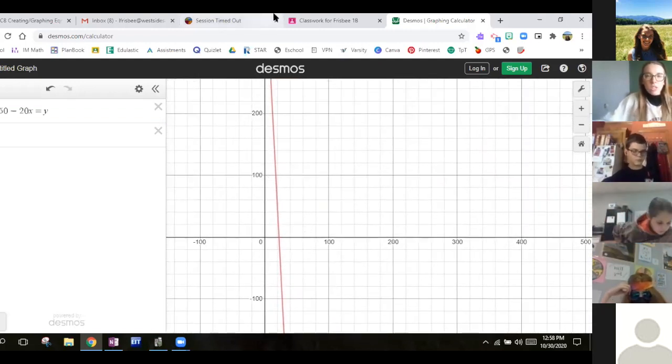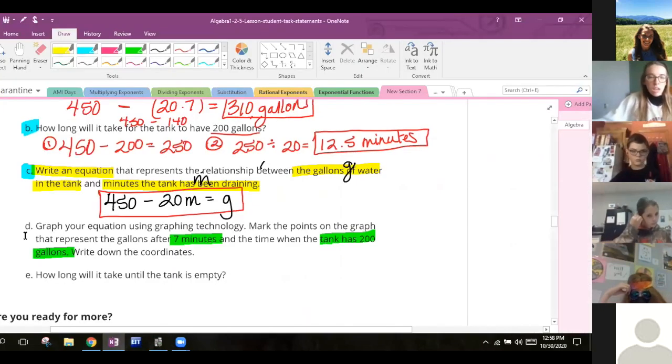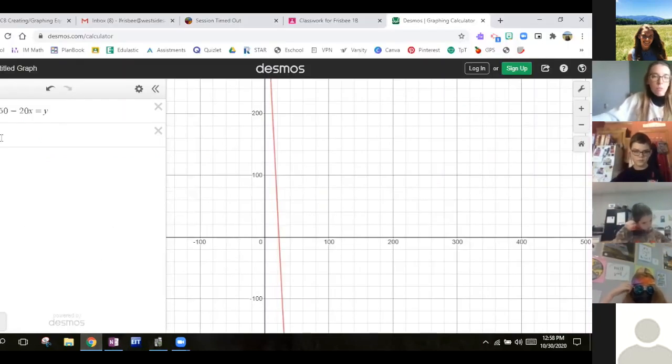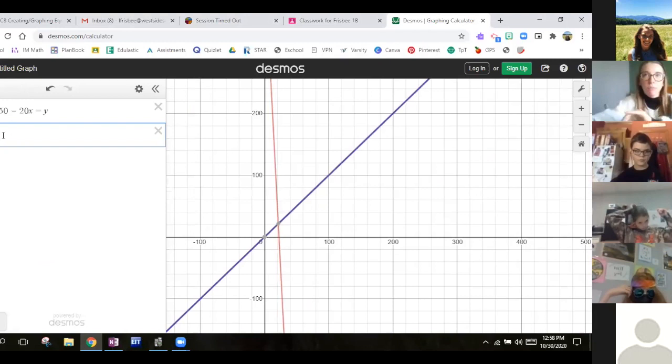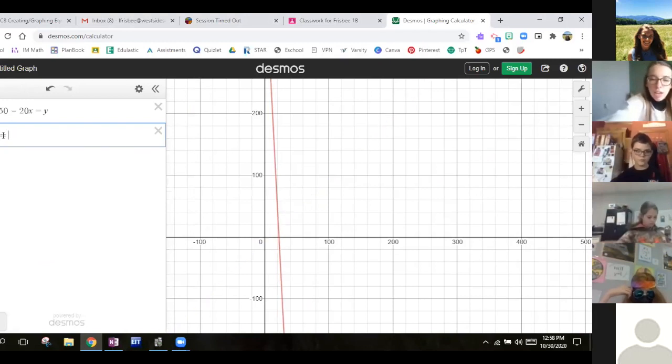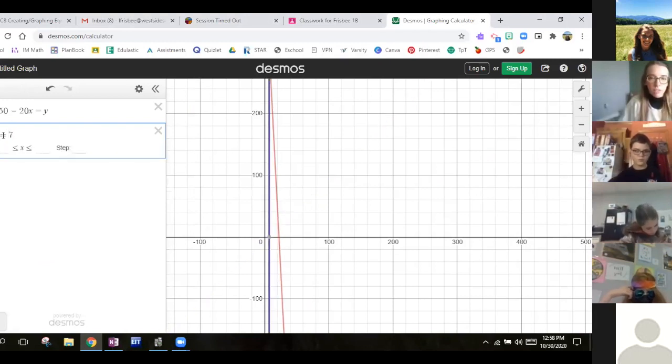The question was, mark the points on the graph that represent the gallons after 7 minutes. Minutes was our X value, so we want to know when X equals 7. It gives me a purple line on my screen.